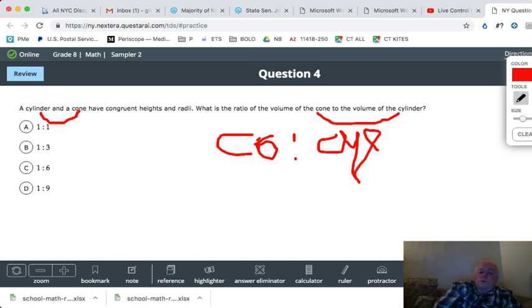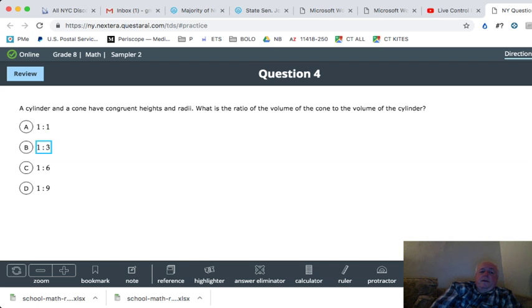Sorry, my handwriting is atrocious here. So a cone was 1/3 to 1, or if we multiply both sides by 3, we get 1 is to 3, and that ends up being B. Okay? Let's double check that that's correct. Yep. Okay.